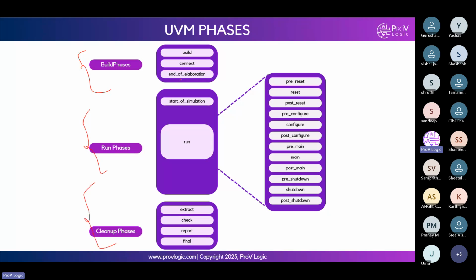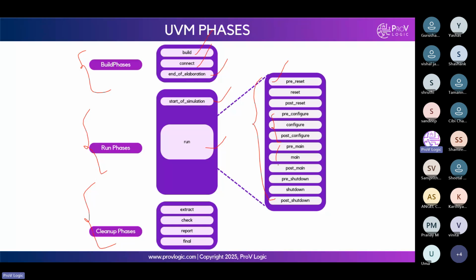In build phases there will be build, connect, end of elaboration. In run phases, start of simulation and run. In run again we have sub-phases, like reset. First we do the reset in a driver, right? And configure, in the sense a configuration db. So we'll get the data and set the data. Last time I showed you.